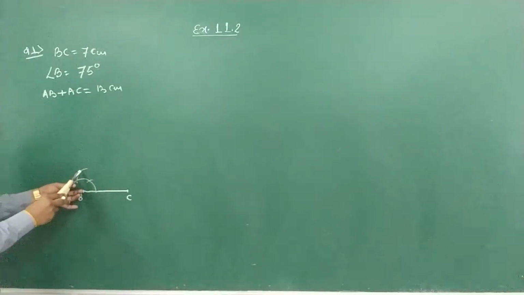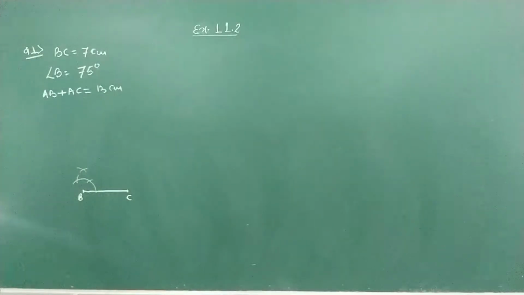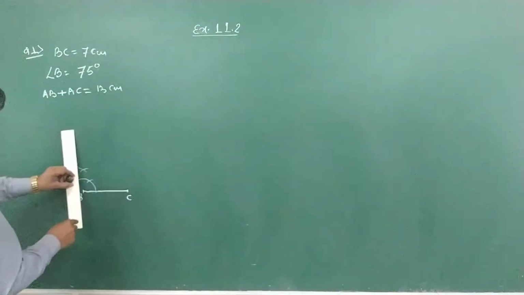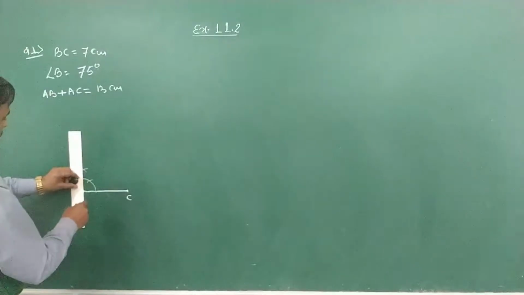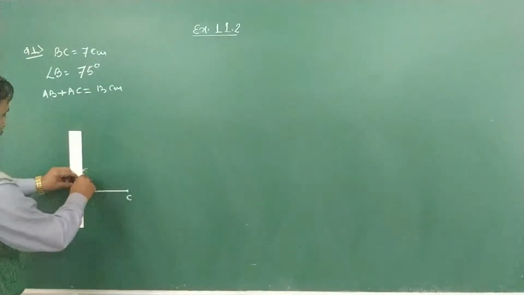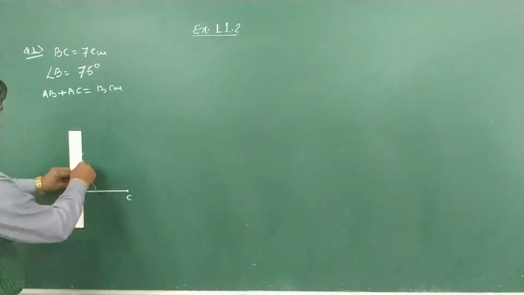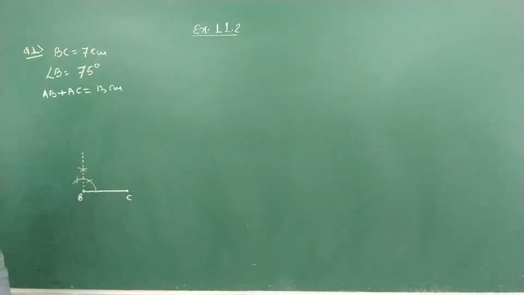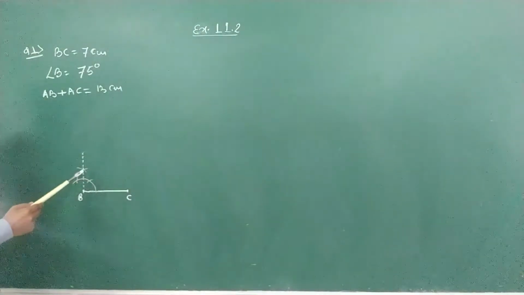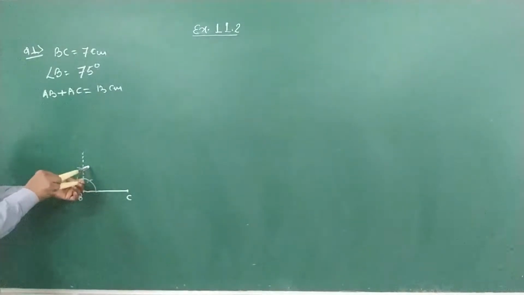75 degree lies between 60 and 90. So we draw a 90 degree angle and then we will draw a 75 degree angle. Now 75 degree is our main angle, so I am taking a dotted line here. It's a 90 degree angle. Now we construct a 75 degree angle by bisecting the 60 and 90 part.